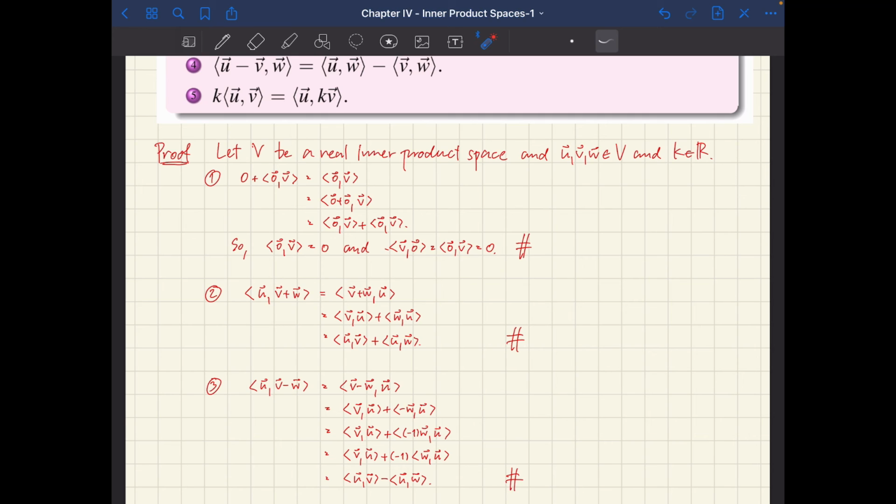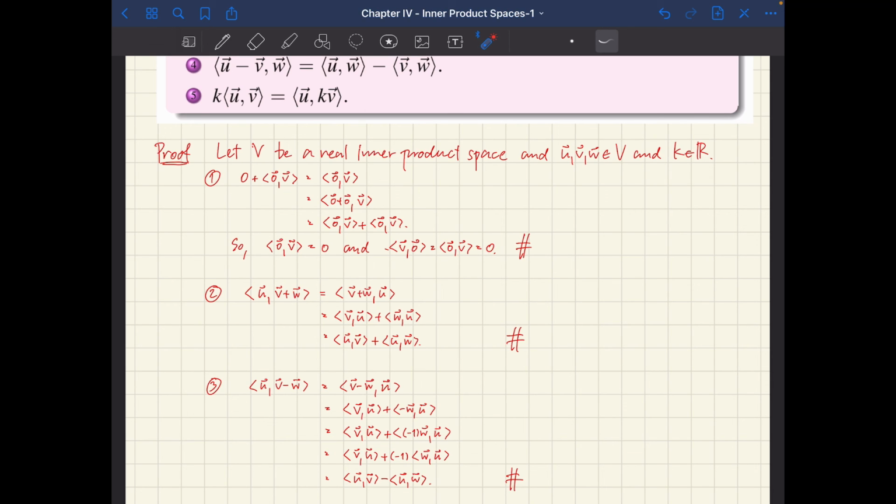And from this one, we can use property number 2, the additivity axiom, and we obtain on the left-hand side the inner product of 0 and v plus the inner product of 0 and v.